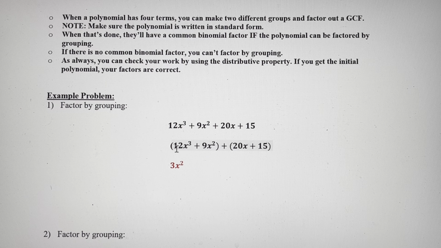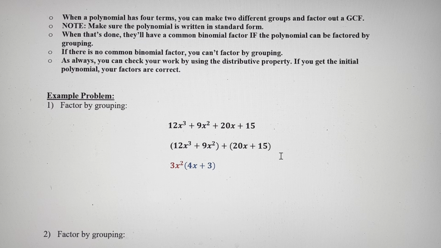So remember, I'm going to divide both of these by that. 12x cubed divided by 3x squared is 4x. 9x squared divided by 3x squared is 3. So I'm left with 4x plus 3 on the inside. But again, remember that GCF doesn't disappear. It still has to be there to make sure we maintain equivalence.